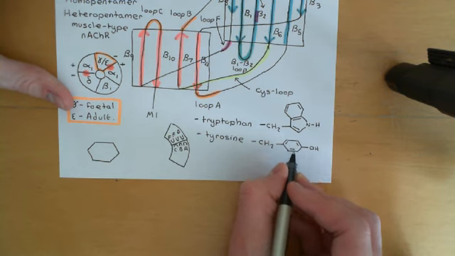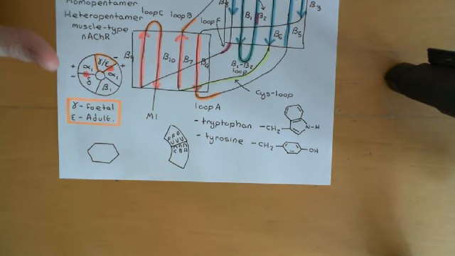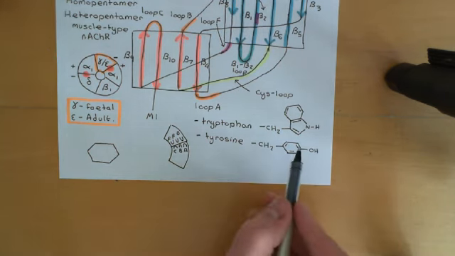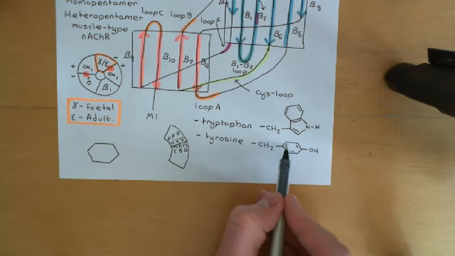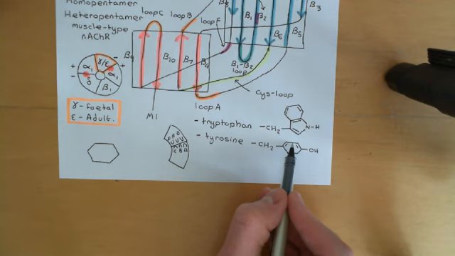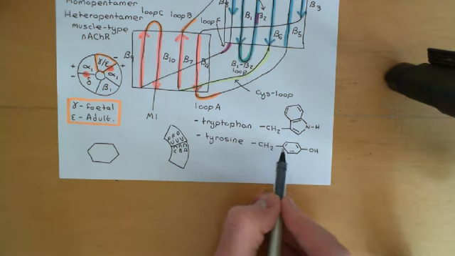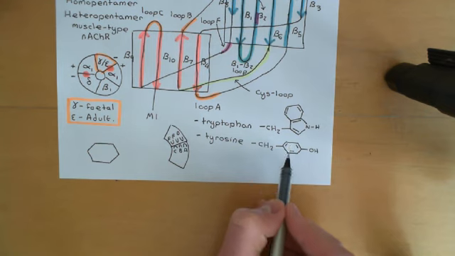We show it like that, okay, but in reality it's not alternating double and single bonds. If it was alternating double and single bonds, then benzene rings would not be perfect hexagons because double bonds are actually shorter than single bonds, so it would not make a regular hexagon if you had alternating double and single bonds.